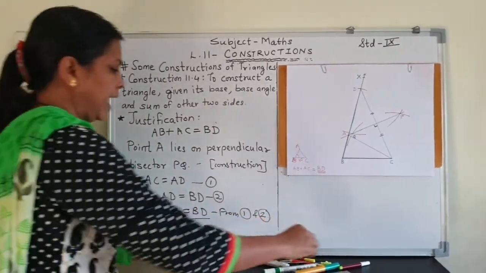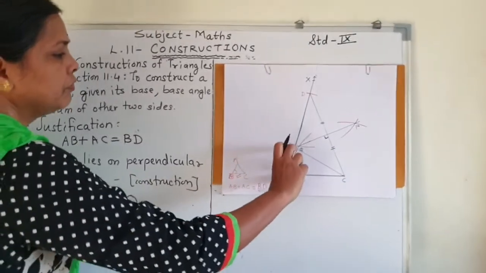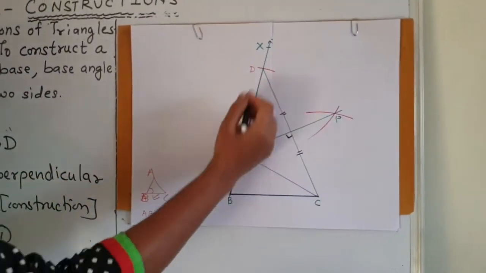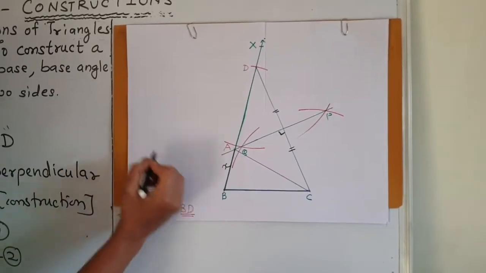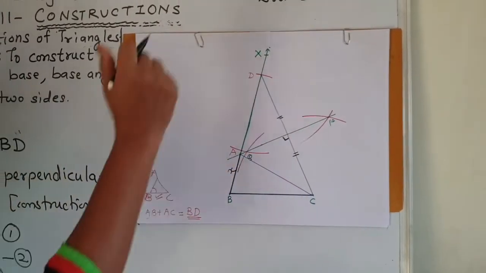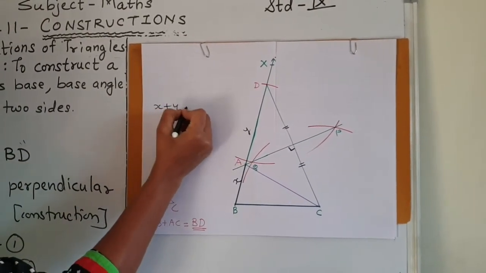Now I'll explain it again. We don't know what AB is; let it be X. We don't know what AD is, but we have taken AD, so let it be Y. So X plus Y is BD.